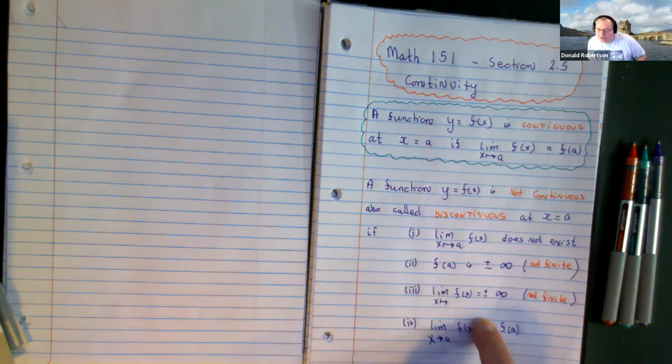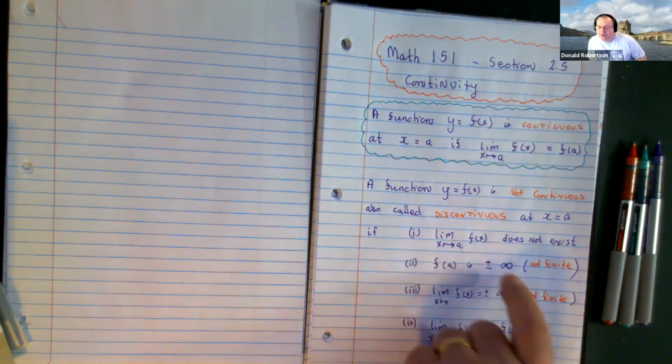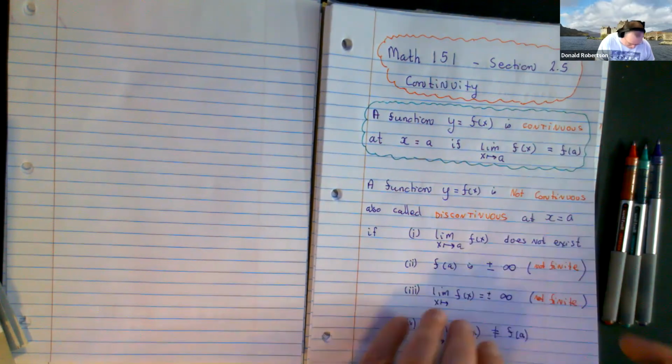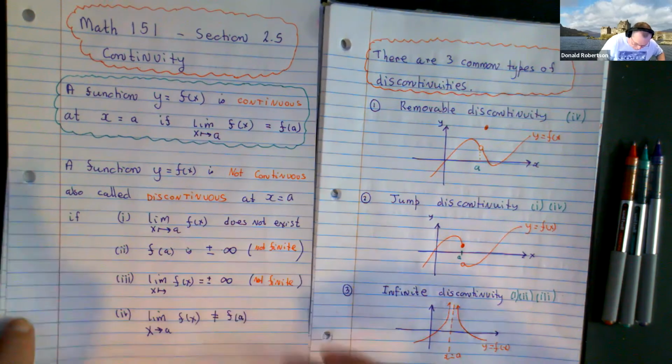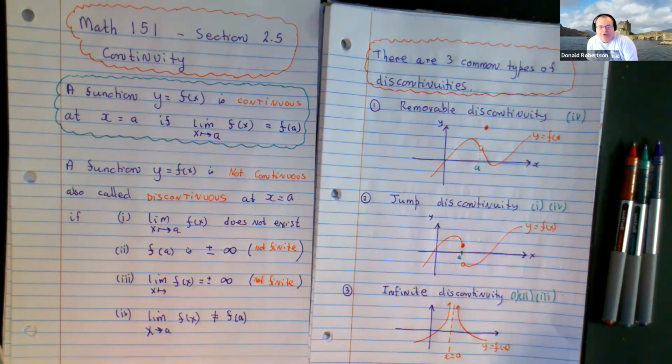So these are the main types of situations where a function is not continuous, and this is the one and only situation where it is. If this is true, it's continuous. If this is not true, then one or more of these were the reason. So there are 3 common types of discontinuity.